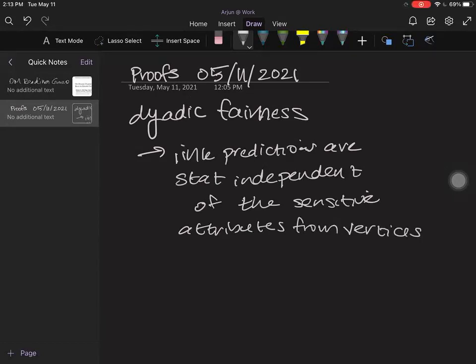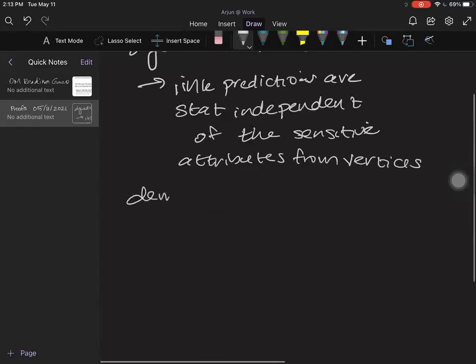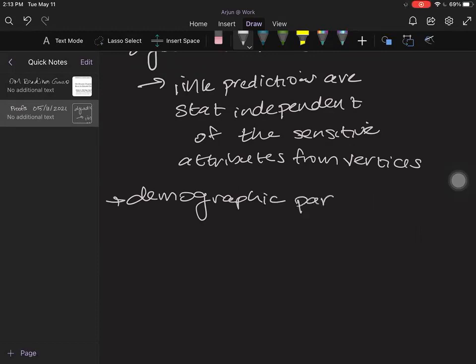And in this case, we're focusing on graph neural networks, and the idea that inspired all of this work is this concept of demographic parity, which is a very critical measure within group fairness, which was first proposed by Cynthia Dwork.